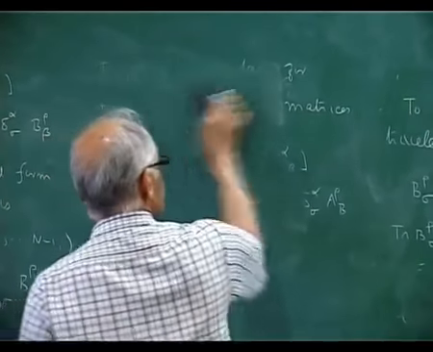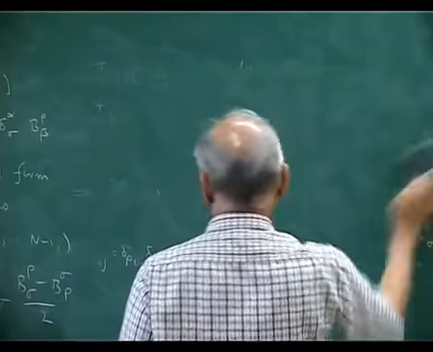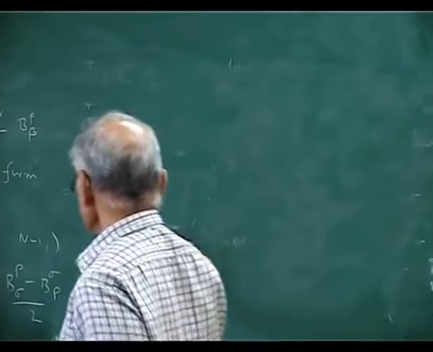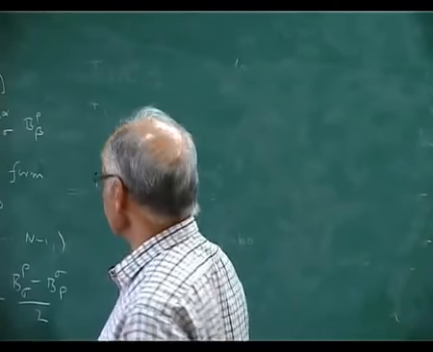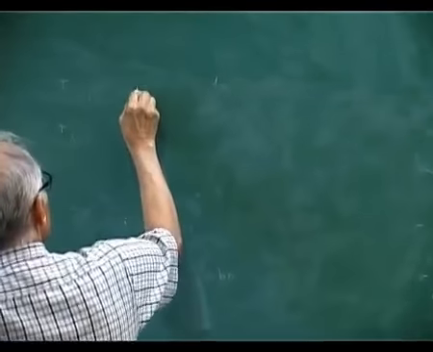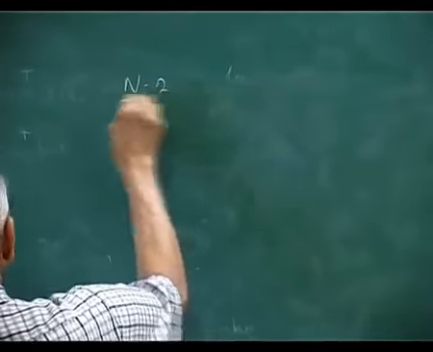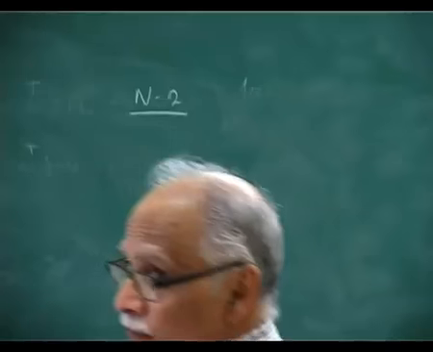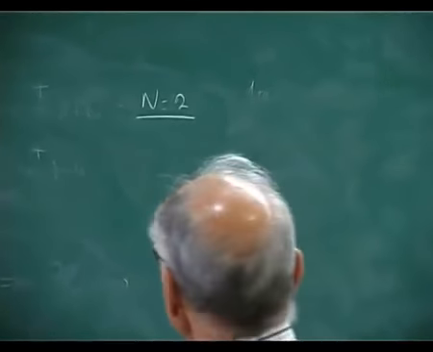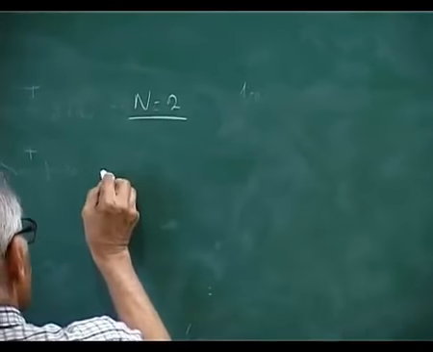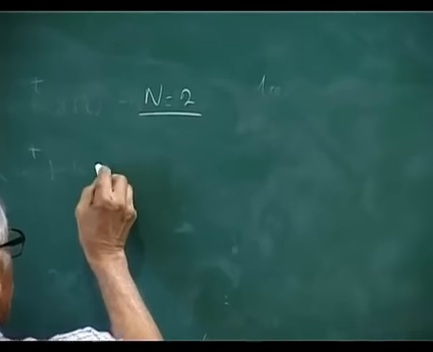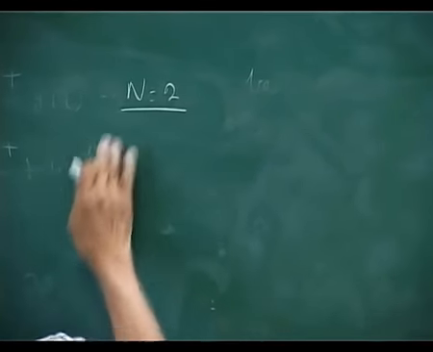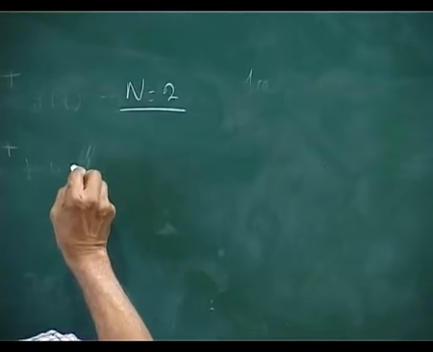This whole activity was due to Okubo. So let us look at n equal to 2. Okay. So we can write the n equal to 2, no?